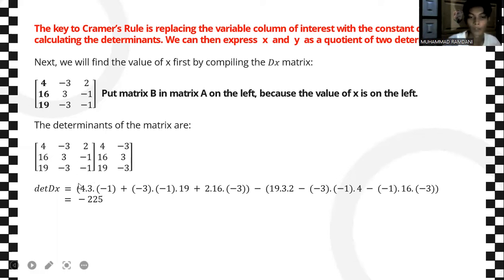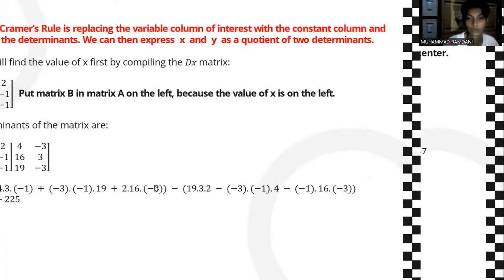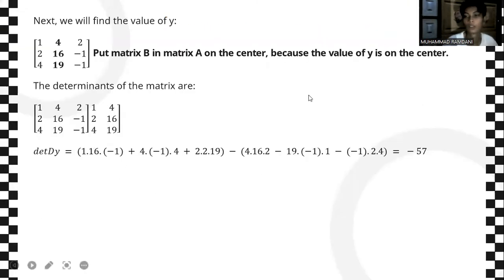After we calculate the determinant here, we can get the solution. The determinant of Dx is minus 225.